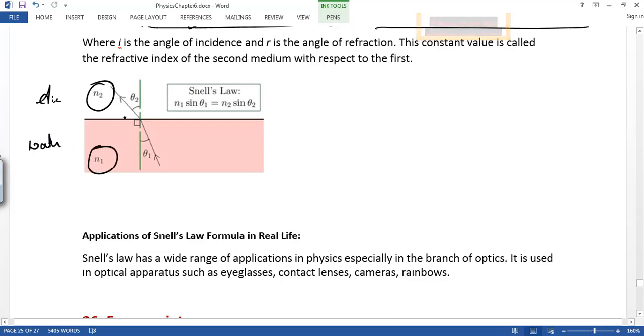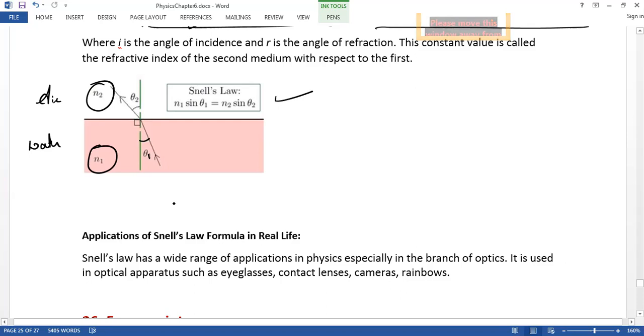Here the light ray is entering from water to air at a particular angle theta 1. When light emerges from a denser medium to a rarer medium, it deviates from the original path. So Snell's law can be given as n1 sin theta 1 is equal to n2 sin theta 2. This is Snell's law.